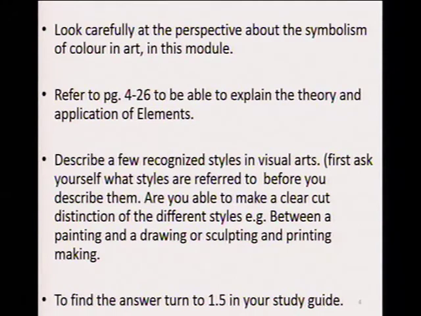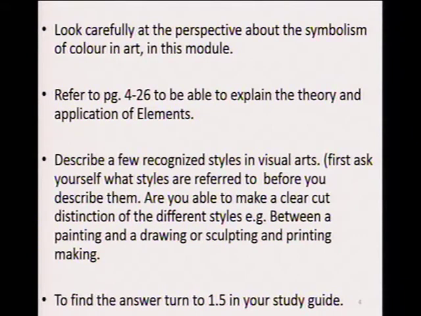Look carefully at the perspective about the symbolism of color in art in this module. Also, refer to page 4 until page 26 to be able to explain the theory and the application of elements. Describe a few recognized styles in visual arts.